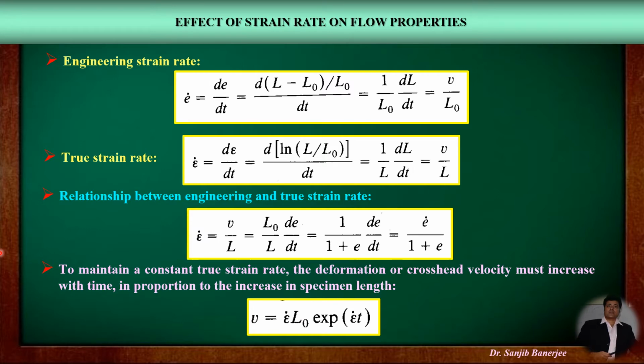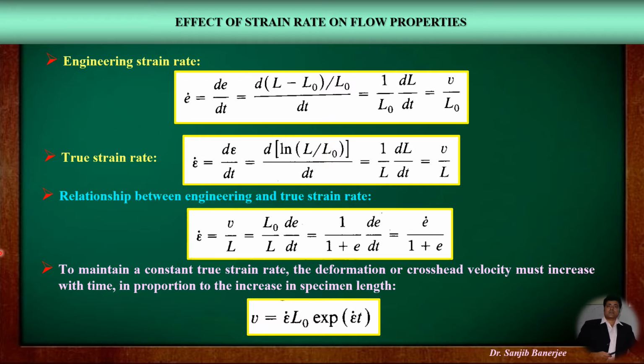Now, to maintain a constant true strain rate, that is epsilon dot, the deformation or crosshead velocity must increase with time in proportion to the increase in specimen length, that is L naught.